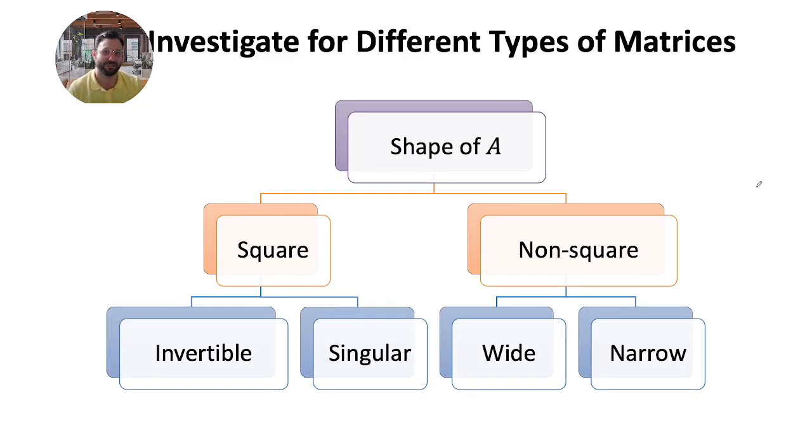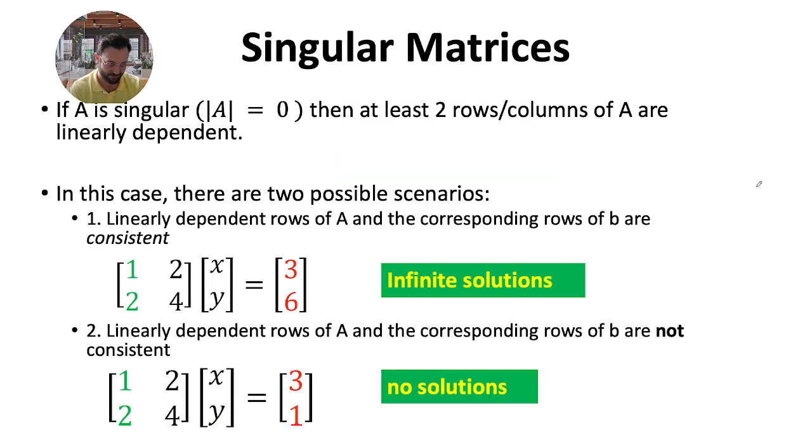Singular matrices, however, can have either no solution or infinite solutions. If the determinant of this matrix is zero, it means that it collapses. When the determinant is zero, look at these two examples. So 1, 2, 2, 4. It looks like it is providing two lines, but it is actually the same line.